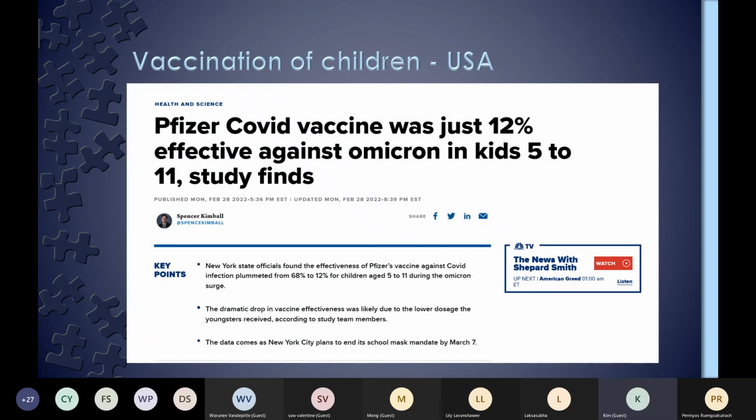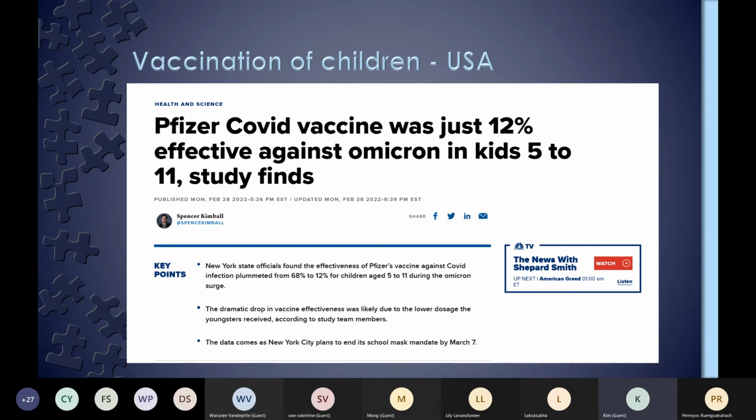So what do we know about the effectiveness of the vaccine in this age group? Well, especially when it comes to Omicron, not very much, of course, because Omicron's only been around for a couple of months. But this news item really just came out. I think it was, it's actually on the slide here, February 28, so a few days ago. And this is a news item that suggests that the Pfizer vaccine was 12% effective in children 5 to 11 against Omicron.